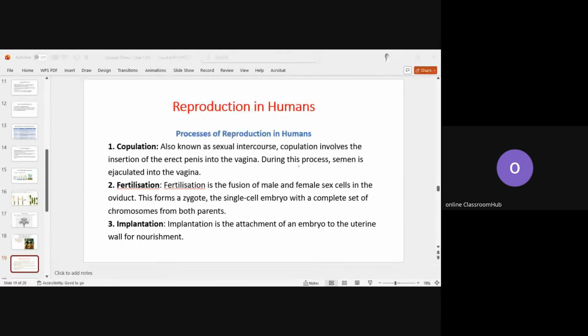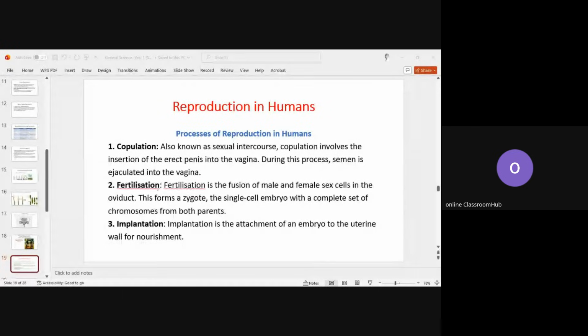Yes, so that is the first step. And then the second step is fertilization. After the first action has taken place, semen or sperms are released into the vagina. And if there is a waiting egg or ovum, and the sperm cell and the egg cell fuse, then fertilization occurs.